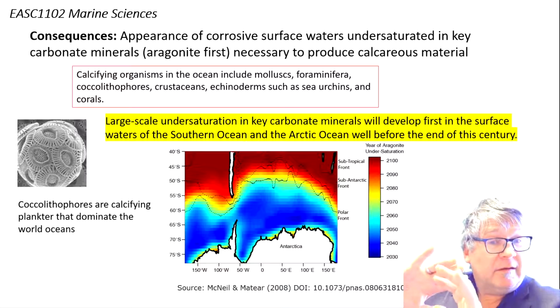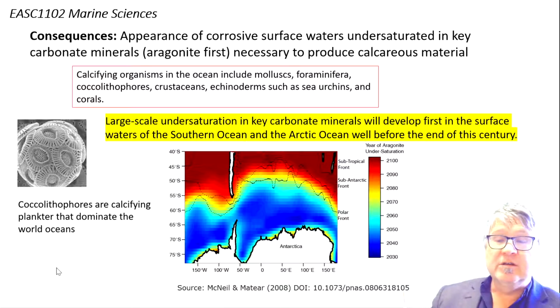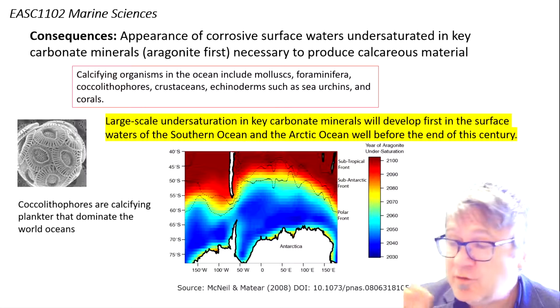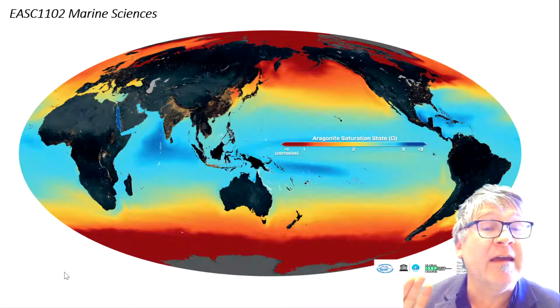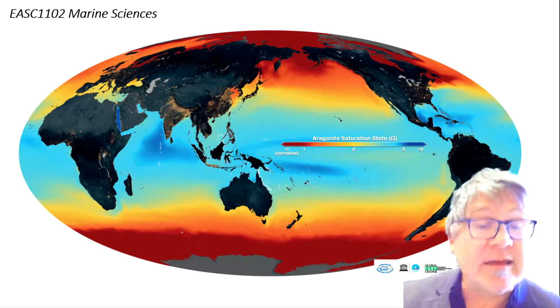Okay, on the next slide, which is the final slide of this presentation, there will be a thank you at the end. But anyway, I want to show you also the map of the entire ocean in terms of aragonite saturation state.